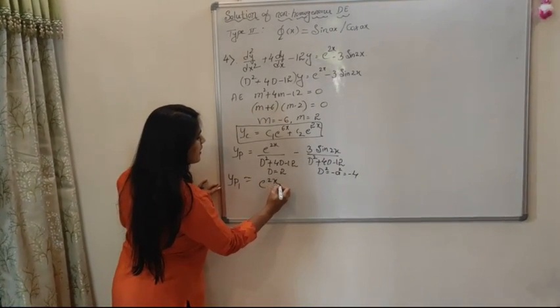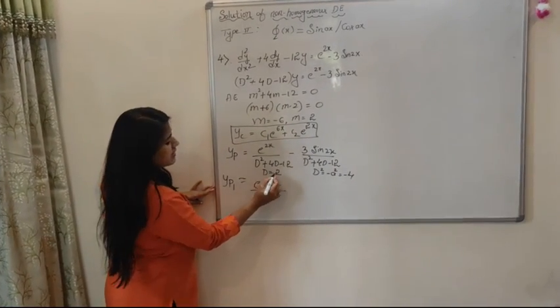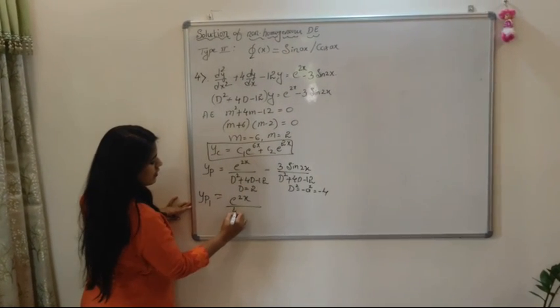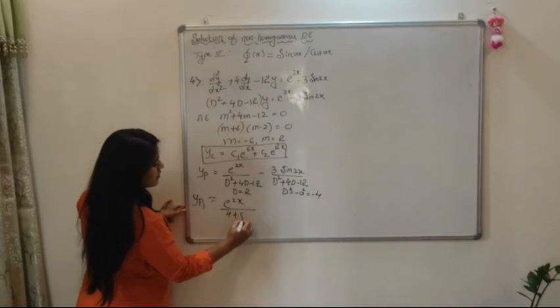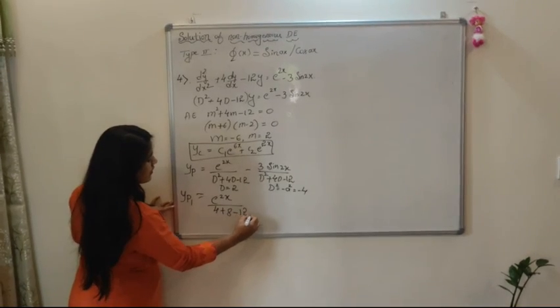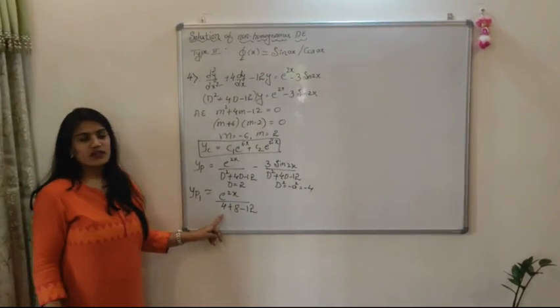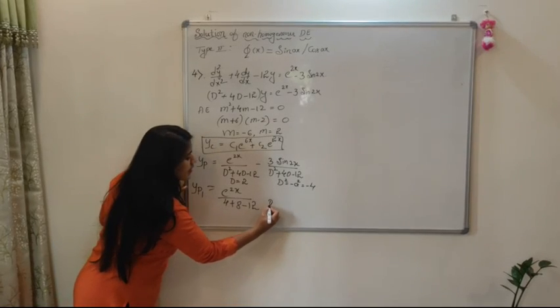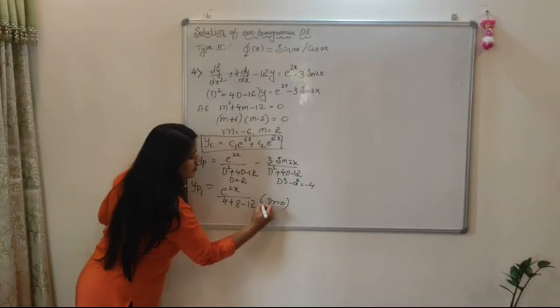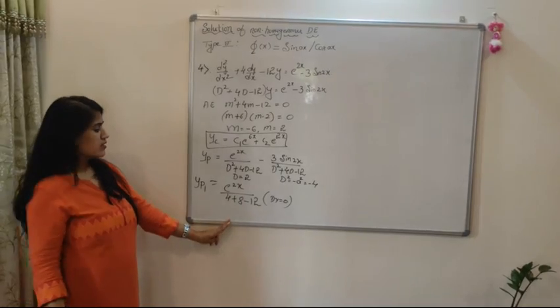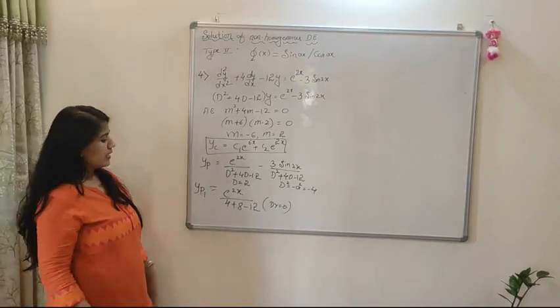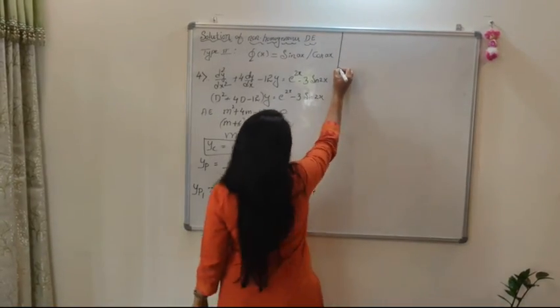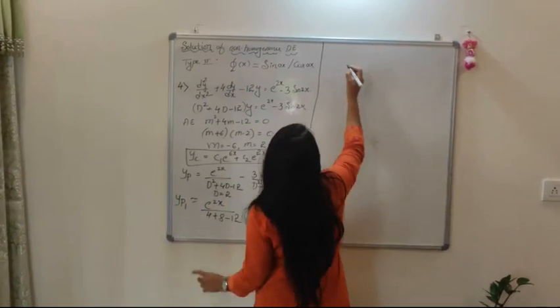So e power 2x divided by, replacing d by 2: 2 square is 4, plus 4 twos are 8, minus 12. So 8 plus 4 is 12, 12 minus 12 is 0. So we are getting denominator 0. Denominator 0 means we should multiply the numerator by x and differentiate the denominator.